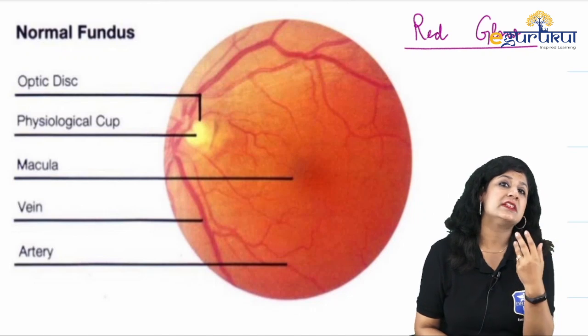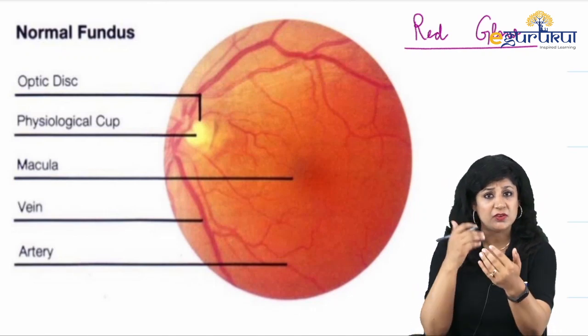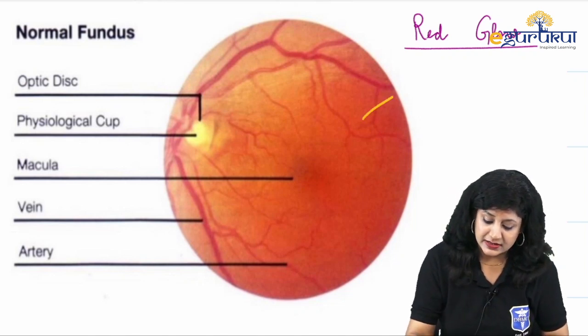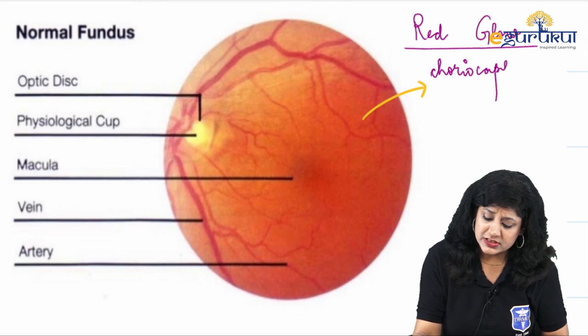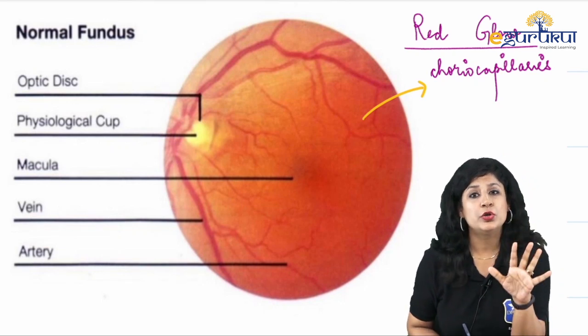The neurosensory part of the retina is transparent, and this reddish glow is actually due to the choriocapillaries. This is very important to understand, why we get this reddish reflex. It is due to the choriocapillaries.